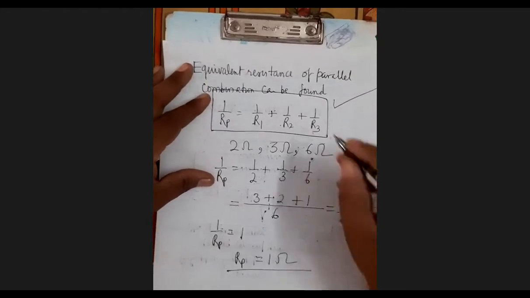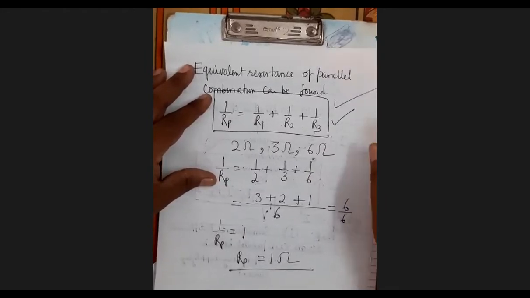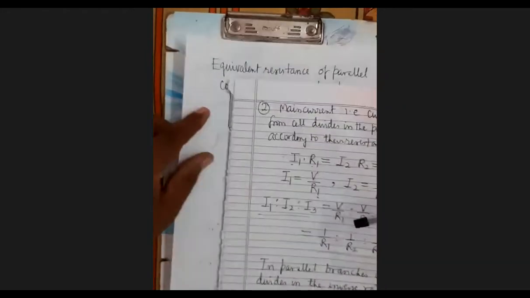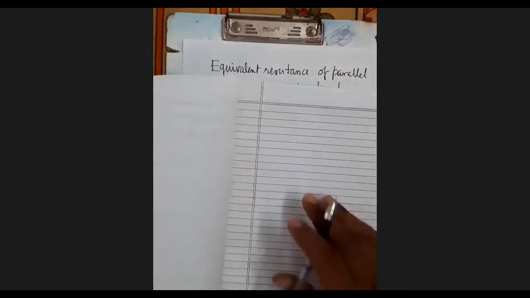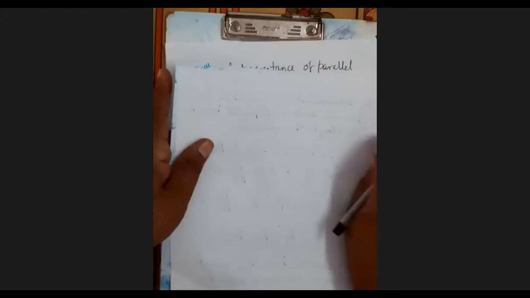Now there is a special formula for two resistors connected in parallel. If two resistors are connected in parallel, then what is the formula?